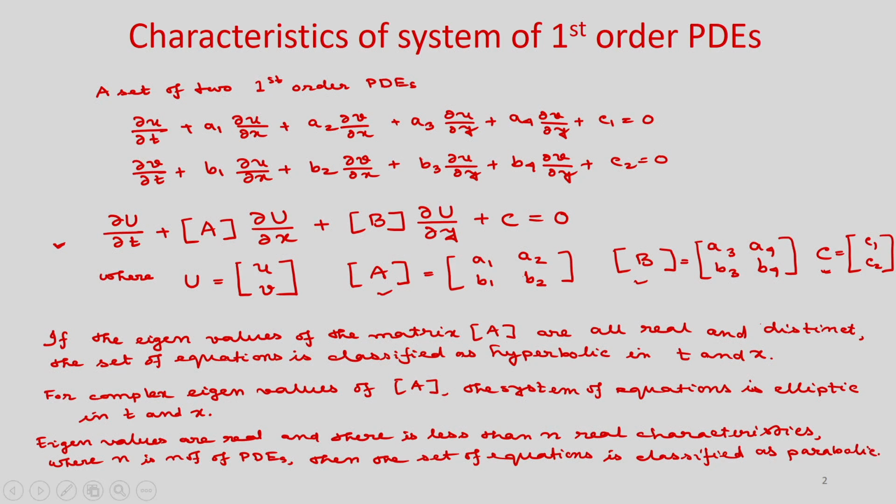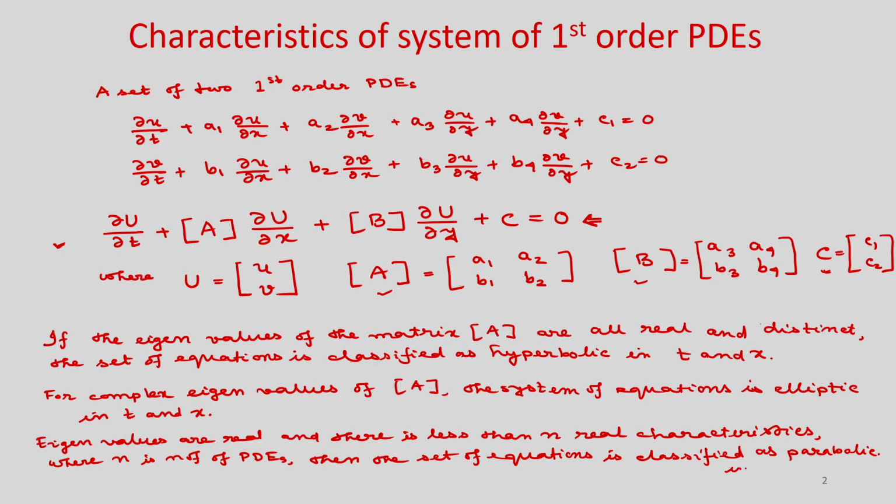So, if you have a system of equations and you can write it in this form, then depending on the eigenvalues of the A and B matrices, you can say whether the equations are hyperbolic, elliptic or parabolic. If the eigenvalues of A are real and there are less than n real characteristics, the equations are parabolic in T and x.